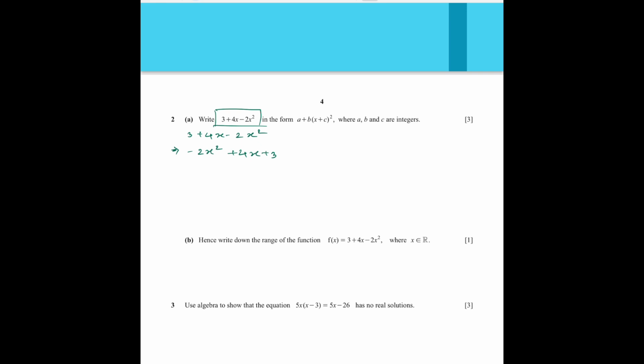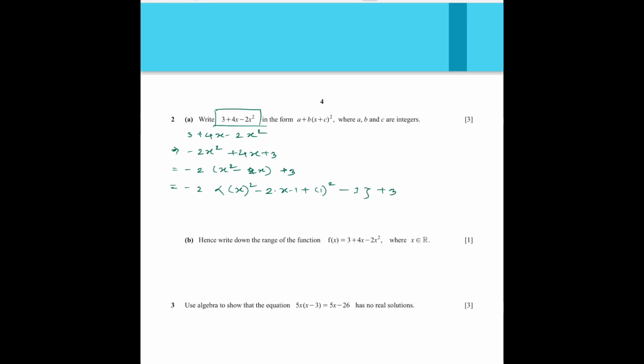Negative 2x squared plus 4x plus 3 equals, take negative 2 as the common term, negative 2 times (x squared minus 2x), and we'll keep 3 out of this. Okay, so negative 2 times (x squared minus 2 times x times 1 plus 1 squared) and minus 1 plus 3.